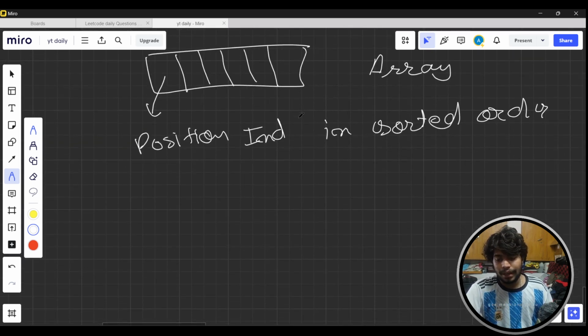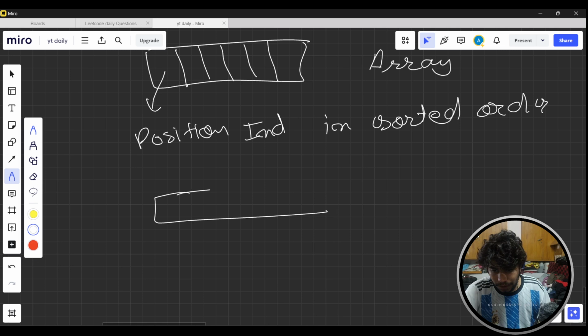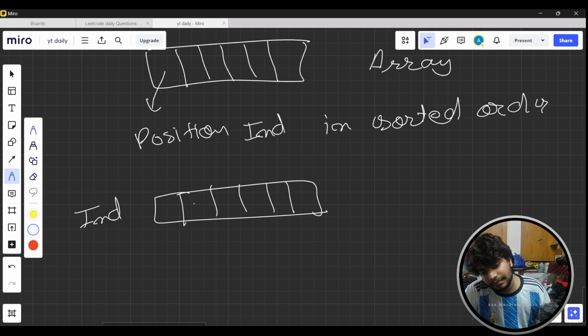Which means I have to arrange an index array, which I'm naming as a temp array.